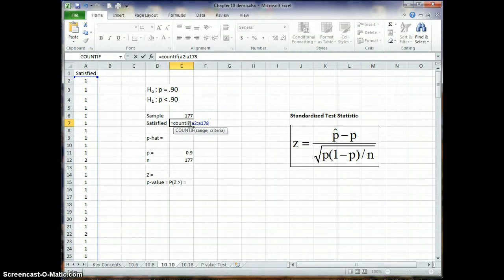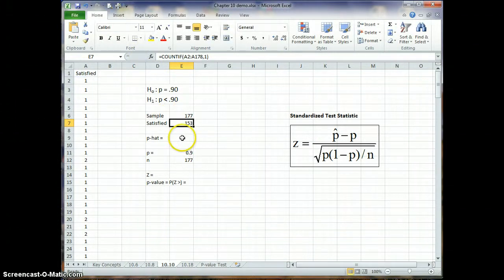And in this case, the comma, and now I want to indicate the criteria. In this case, we're looking for satisfied, so that would be if there's a number 1 in that cell, and close parentheses, and the indication there is 153 out of 177.